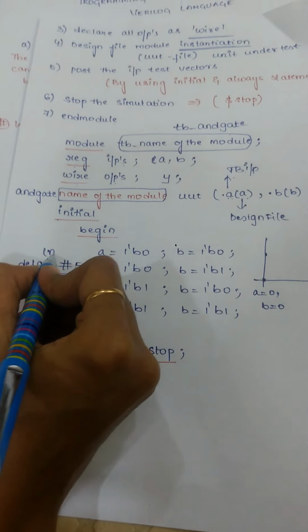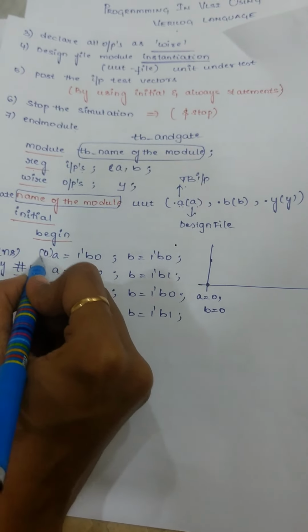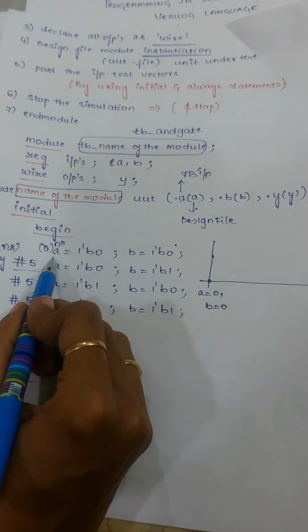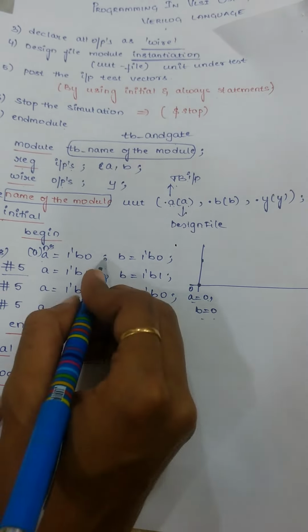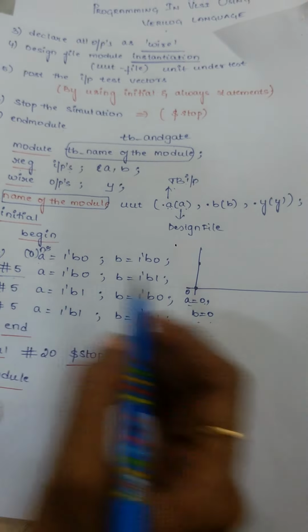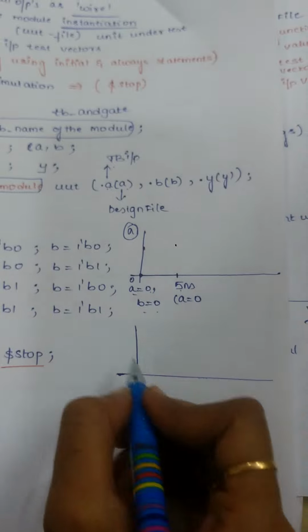which is represented in nanoseconds. Now this starts at 0 nanoseconds. At 0 nanoseconds, my A value is 0 and B value is 0. This is present until 5 nanoseconds. So this is my 5. In this 5 nanosecond period, A is 0. So this is my A signal. In the same way, I have to draw the B signal also.